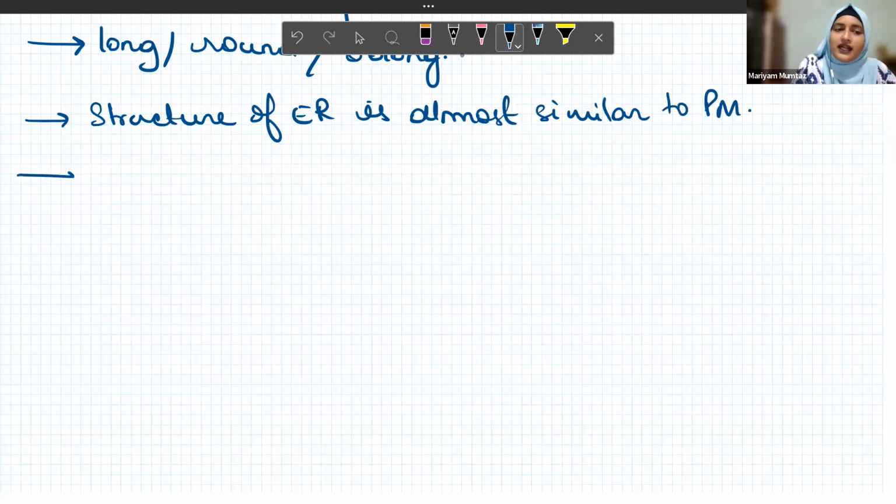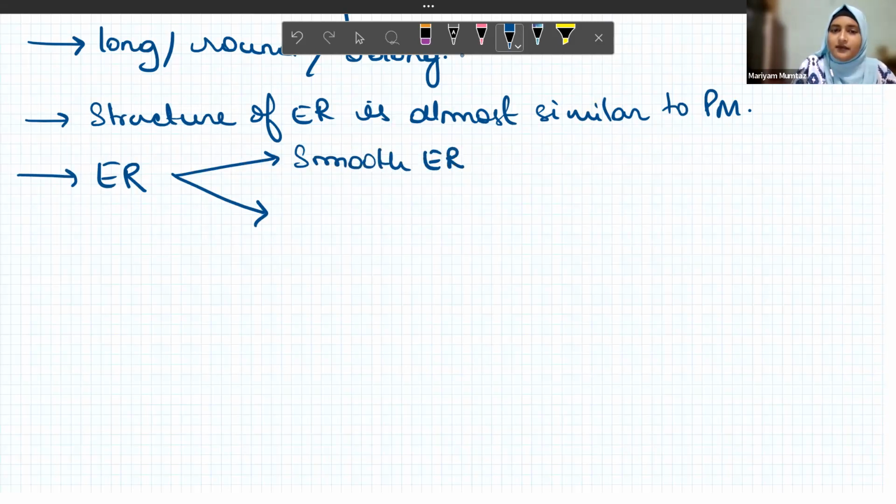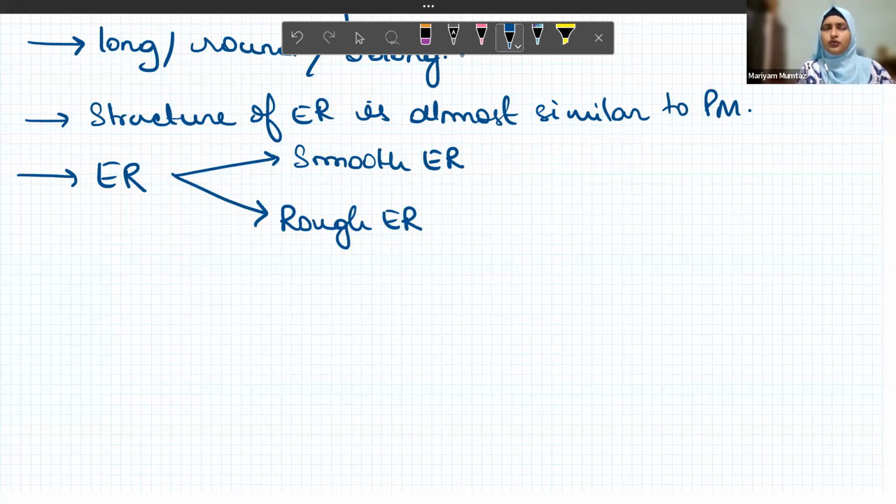And then we'll know that the endoplasmic reticulum is of two types. The first one is smooth endoplasmic reticulum, and then there is rough endoplasmic reticulum. Now smooth, rough, why are they named so?